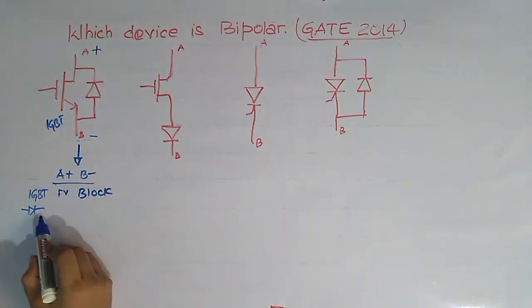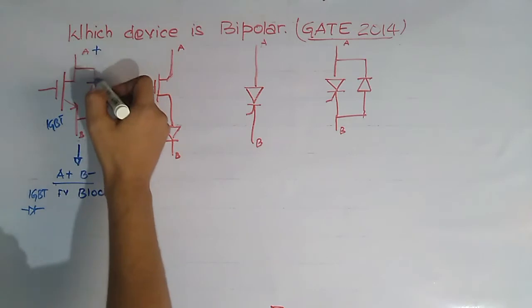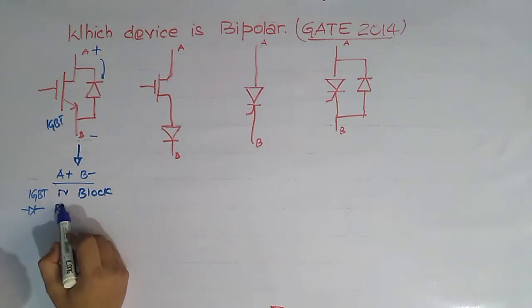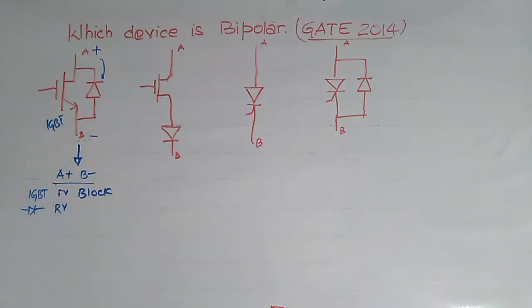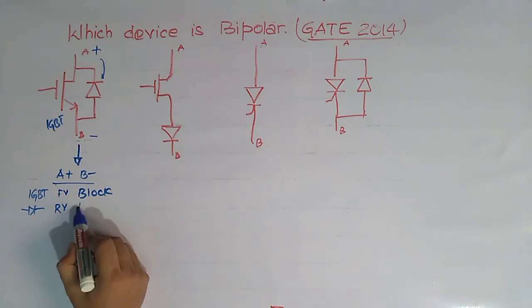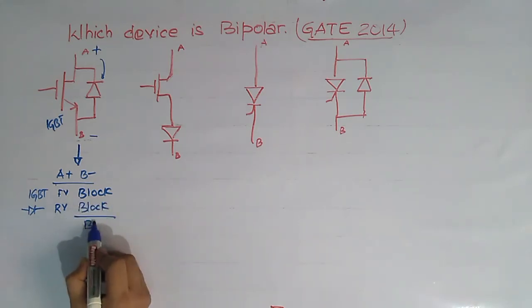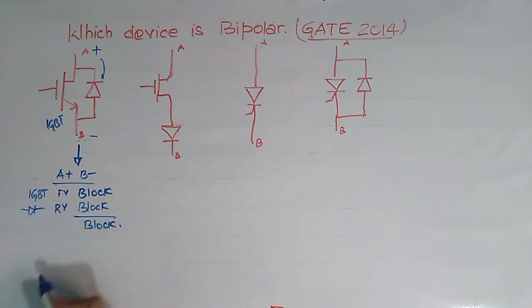While for diode, this positive reaches the cathode of this diode, so diode will get reverse bias. So it will act as reverse voltage for this diode. So diode will also block this polarity. So overall this device will block this polarity of voltage.